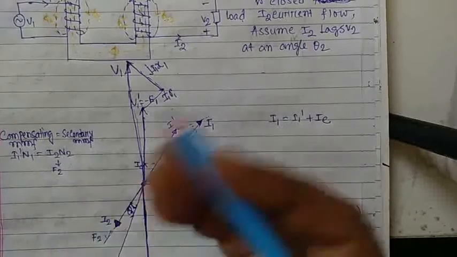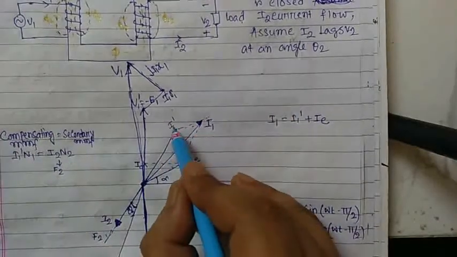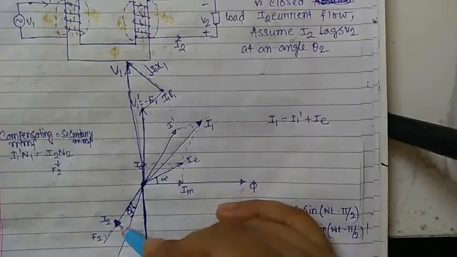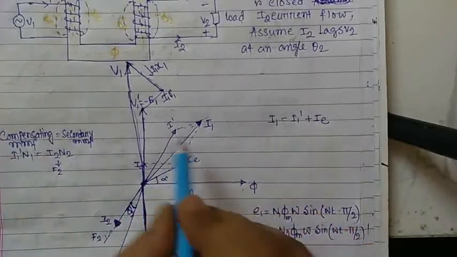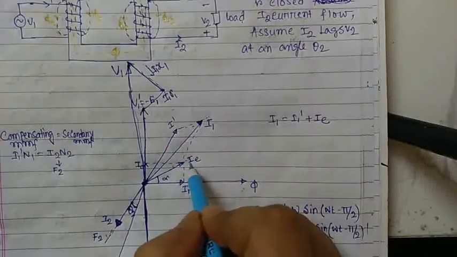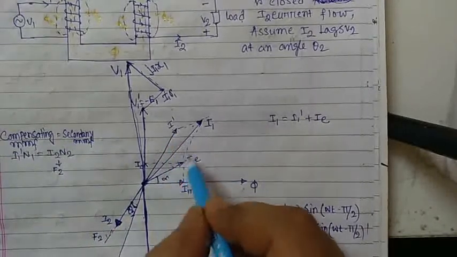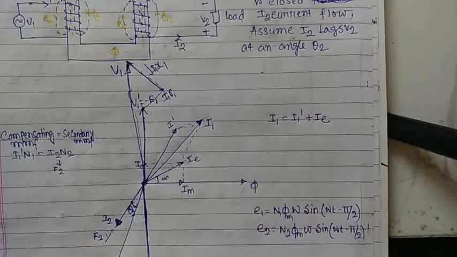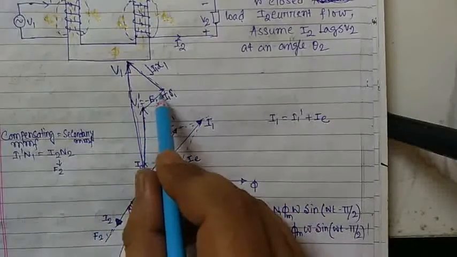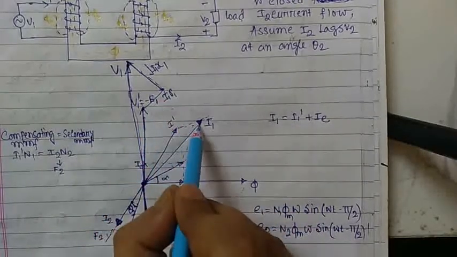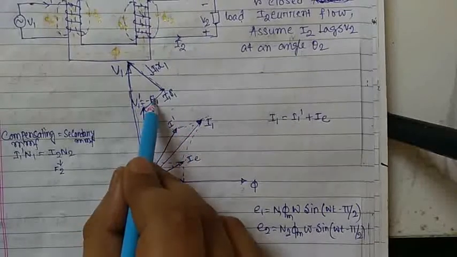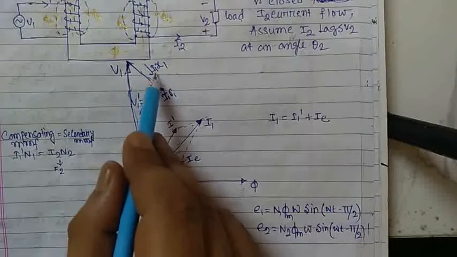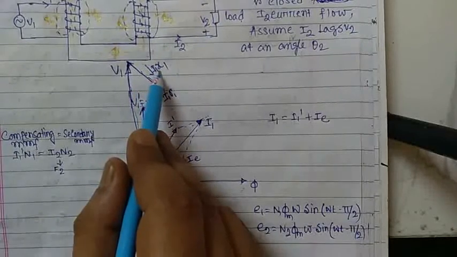Both are in phase opposition, so taking I1 dash here and diametrically opposite I2 here. I1 dash and IE, the phasor sum, give the total primary current I1, and I1 R1 is taken parallel to I1, and from 90 degrees, the imaginary axis, j I1 X1.